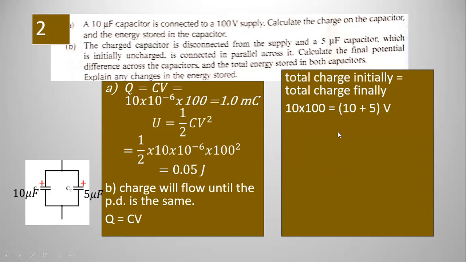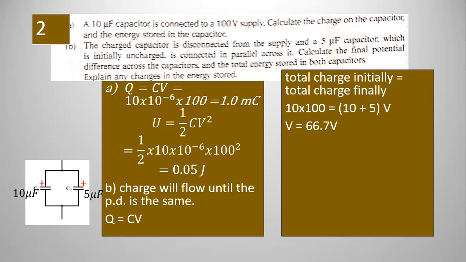And remember, I'm using microcoulomb because it will cancel off anyway. If you are particular about SI unit, you can convert to SI unit. Microcoulomb here, initially was 100 times your V. I calculate it out, I get 66.7.